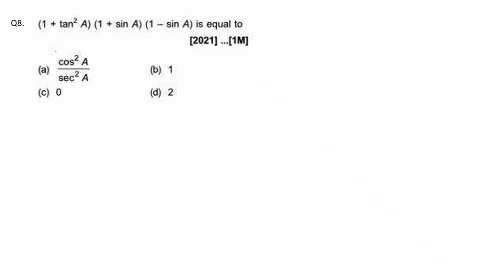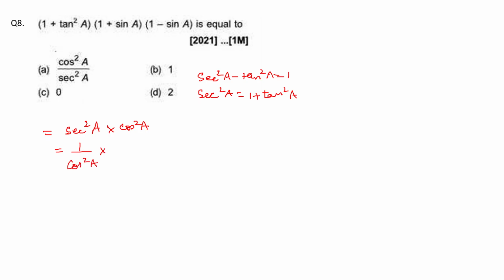And for 1 plus tan square A, if we use the identity sec square A minus tan square A is 1, so sec square A will be 1 plus tan square A. So here it is given as 1 plus tan square A, that I can replace with sec square A. And 1 plus sin A into 1 minus sin A is 1 minus sin square A, which is cos square A. Sec square A you can write as 1 by cos square A into cos square A. So if you simplify, you will get 1 as the answer. So B is the correct answer.